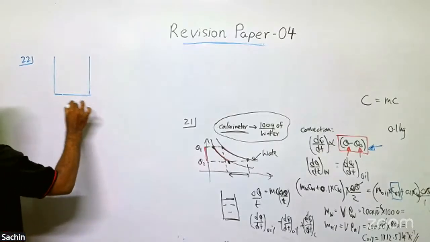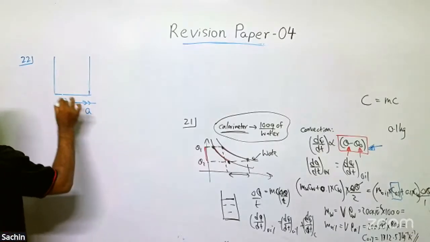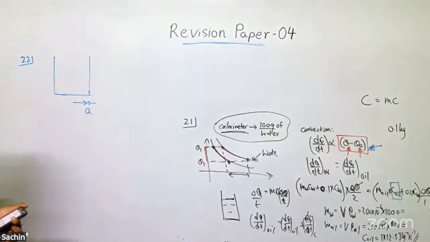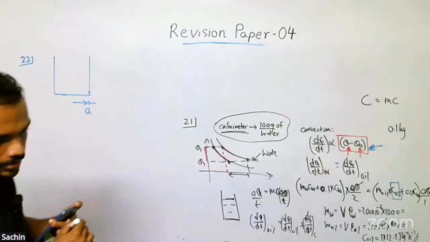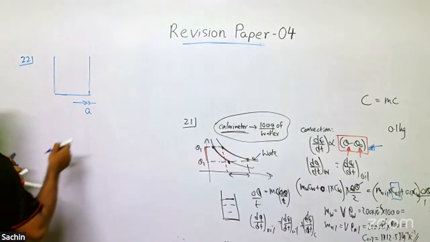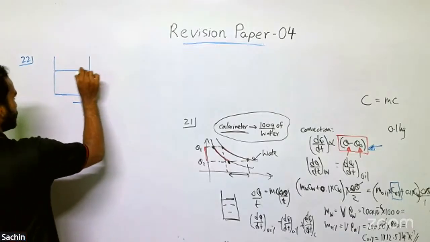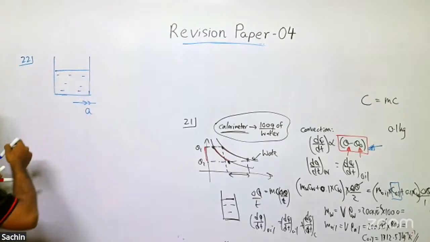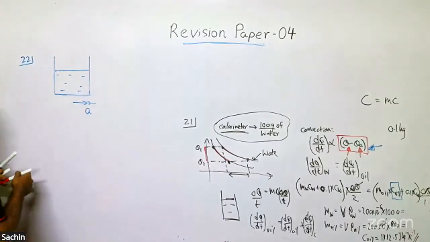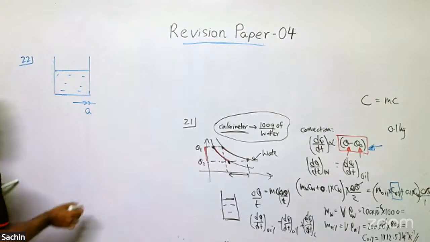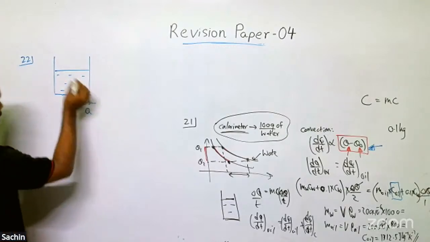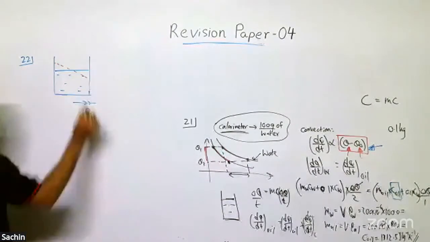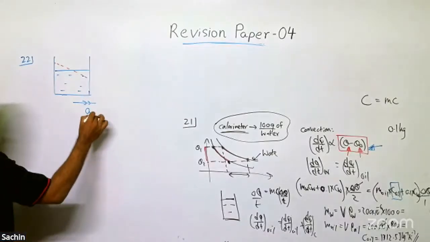So if this car accelerates horizontally, then this beaker also accelerates. So when the beaker accelerates, what happens is the initial horizontal free surface will be rearranged. Okay. So if the acceleration is to the right, the free surface will be something like this. So at the maximum acceleration, what should happen?